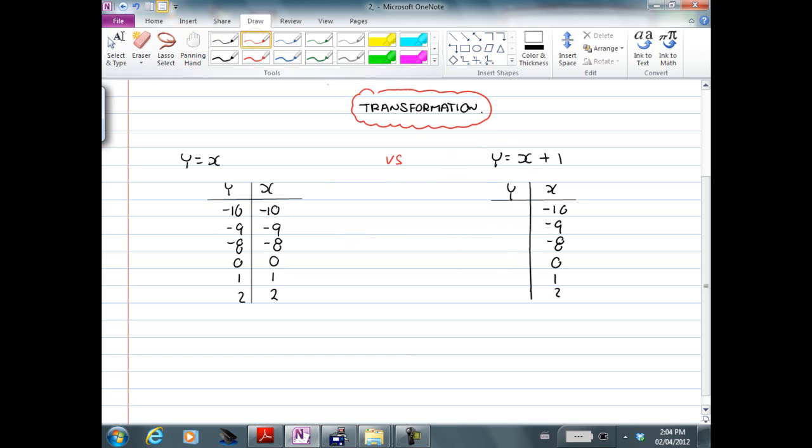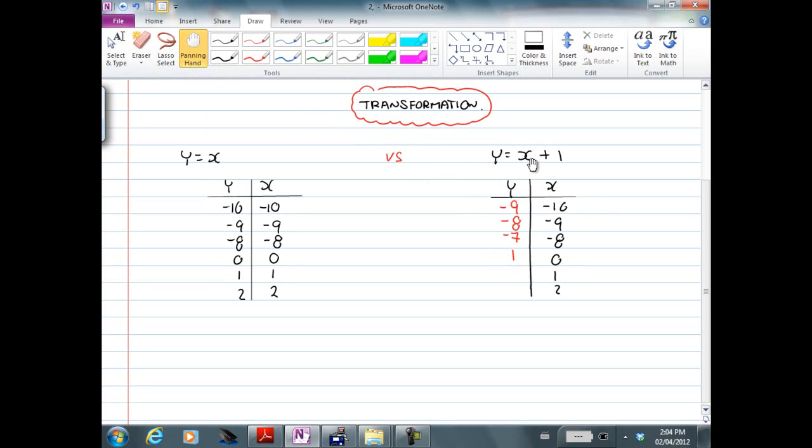If I look at this, somebody says, hey, this is easy, negative 9, because all I did was add 1. Negative 10 plus 1 is negative 9.